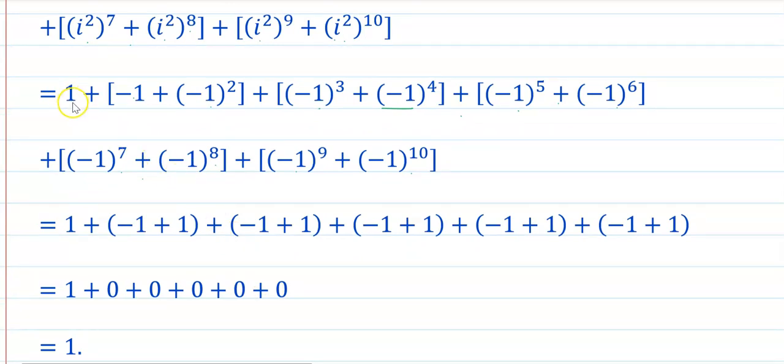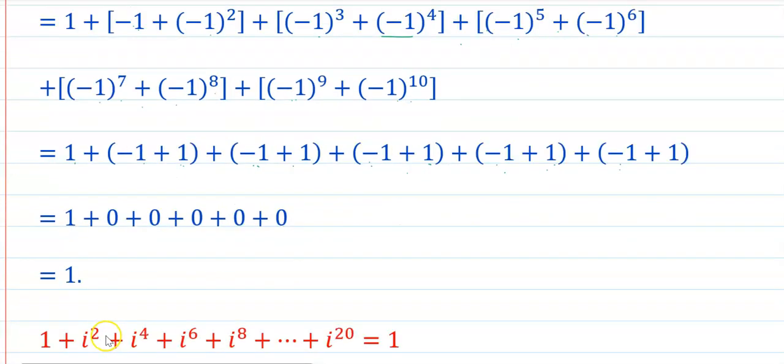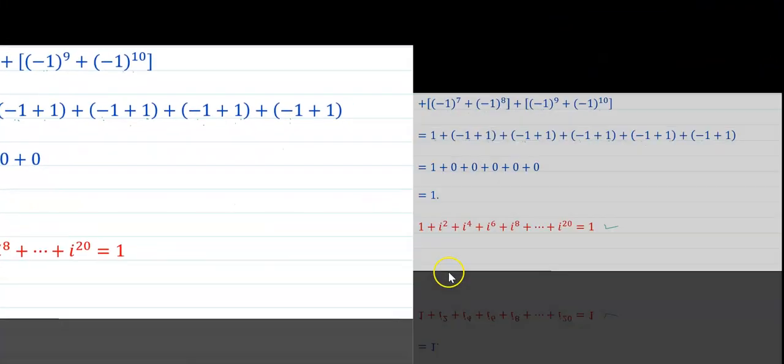Evaluate it. First is minus 1 and here is a plus 1. Again minus 1 plus 1, minus 1 plus 1, and so on. What's happening here? This is 0, 0, 0, here 0 and here get cancelled. Overall 1 plus 0 is 1 and hence its value is 1.